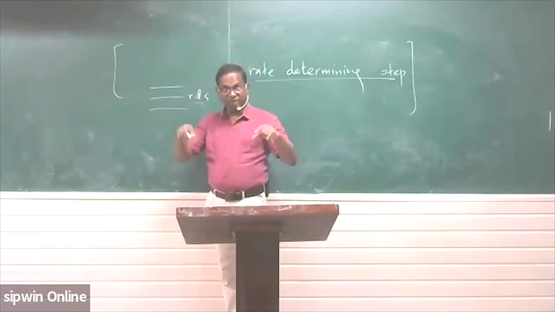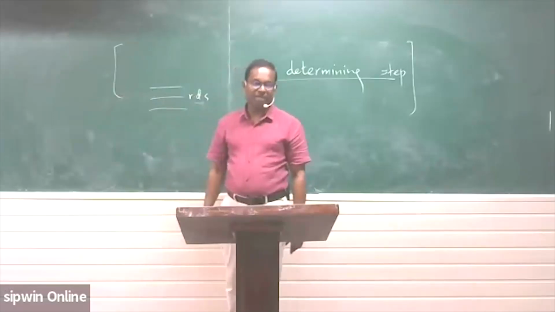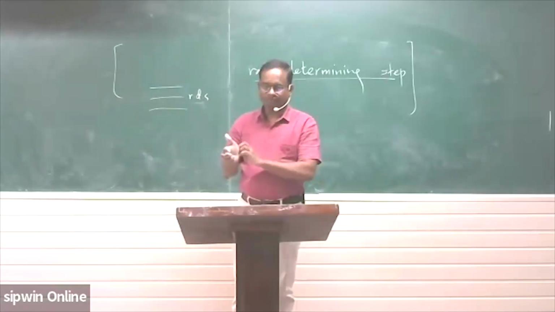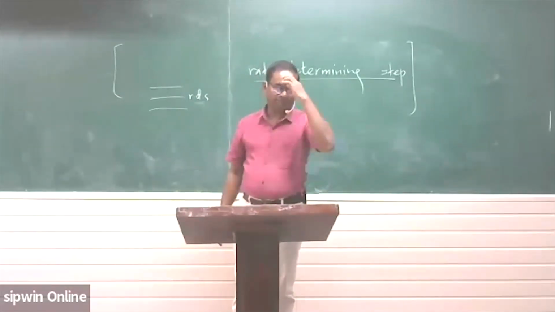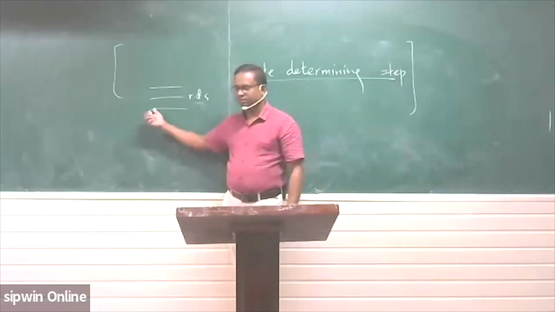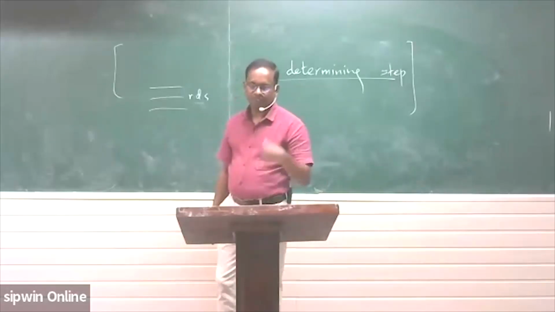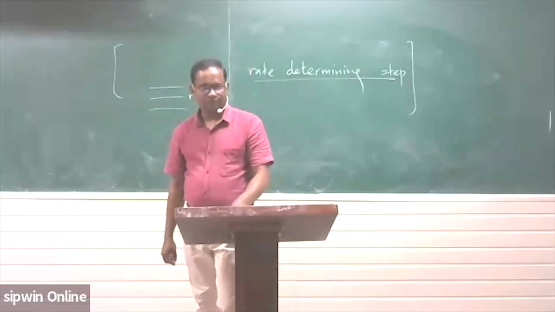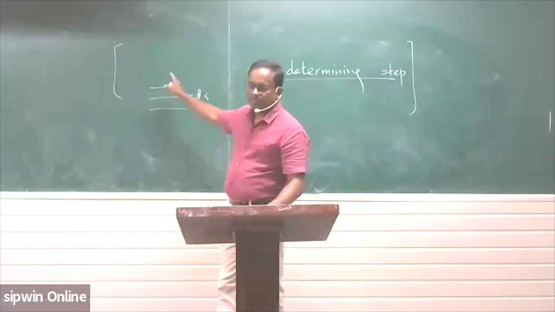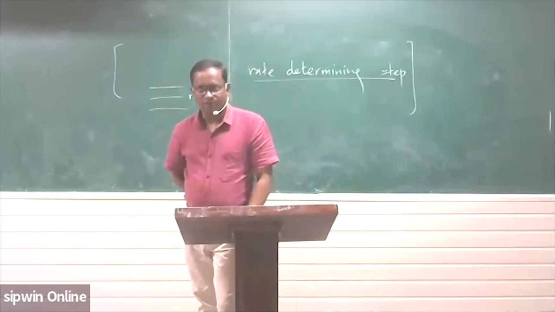In a multi-step reaction, we define the molecularity using this one. You will understand later why. So the definition can be written in two ways: number of particles involved in the rate determining step, for a multi-step reaction; number of particles involved in the elementary step, for a one-step reaction. I gave this definition here so that if you are asked for the molecularity definition, you can combine both.